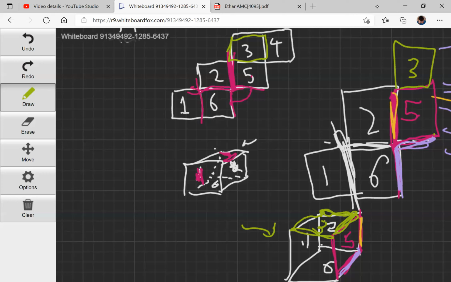Yeah, it's 6. But 1 is next to 3, 2 is next to 3, and 5 is next to 3. 6 is on the bottom, opposite 3. Yeah, but then you gotta realize we were looking for what was opposite 6 before, yeah?